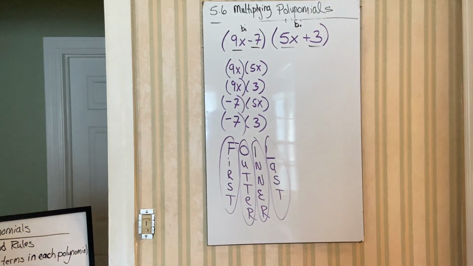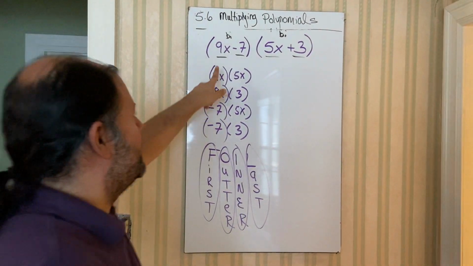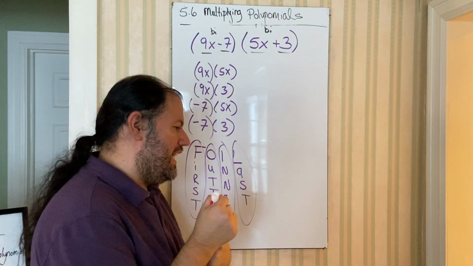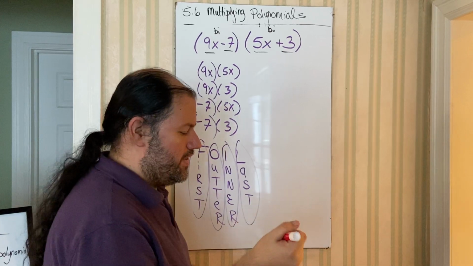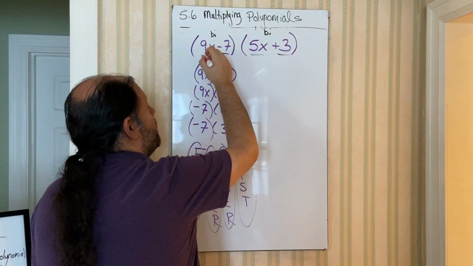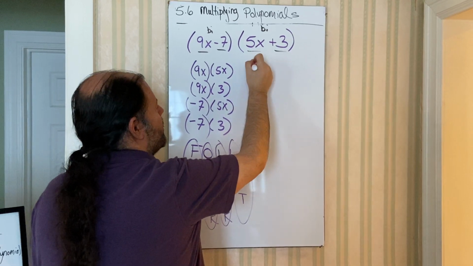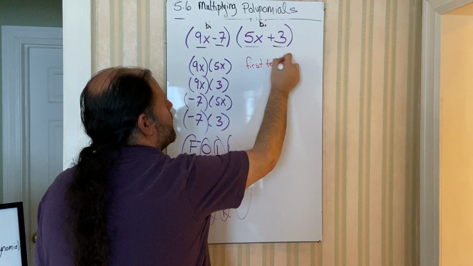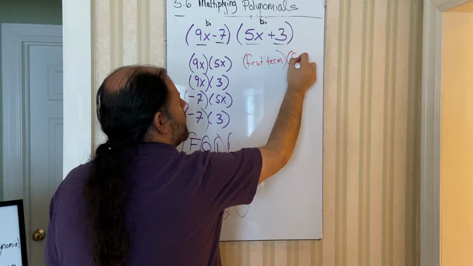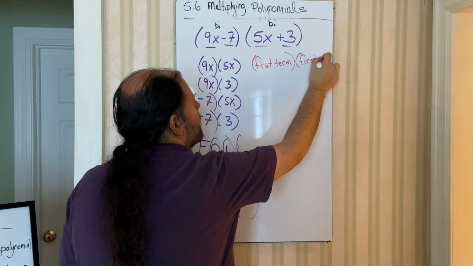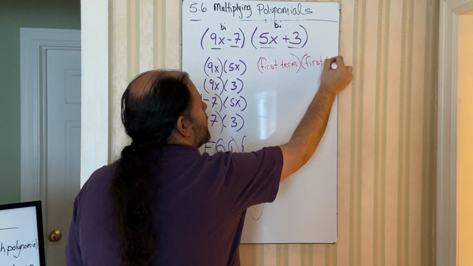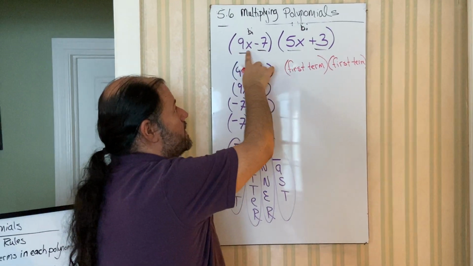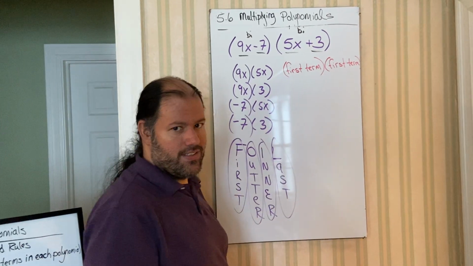First means that you have the first term in this polynomial times the first term in this polynomial. Remember, there has to be a binomial for this to work. So first term times first term. So we did that. First term in this is a 9x. First term in this, 5x.